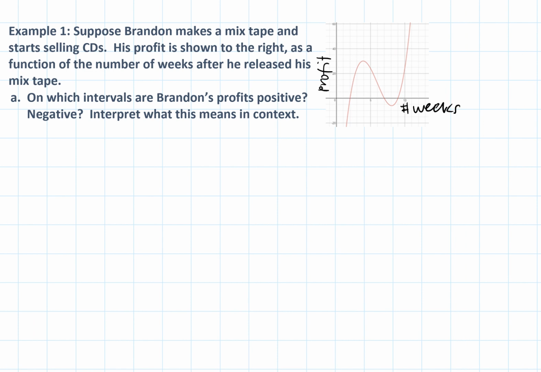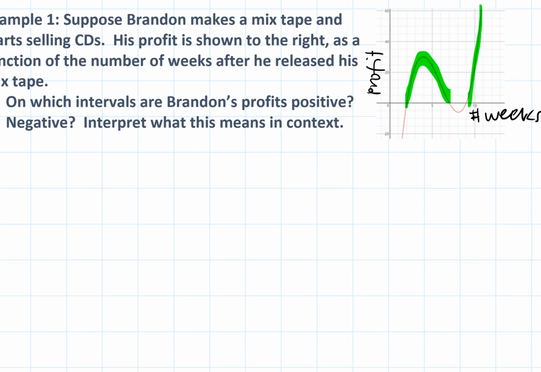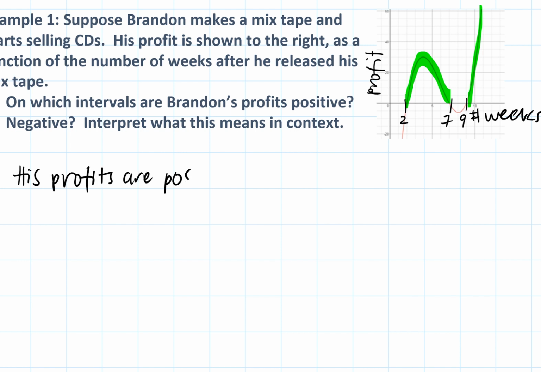So positive means above the x-axis. So we're looking at this region here and this region here. It looks like that's about from the x values 2 to 7 and then 9 onwards. So we would say his profits are positive.